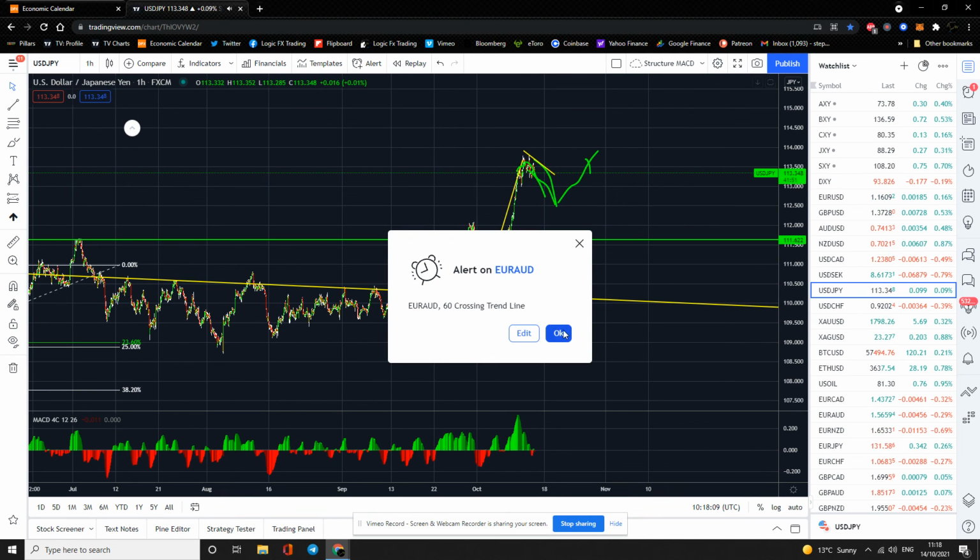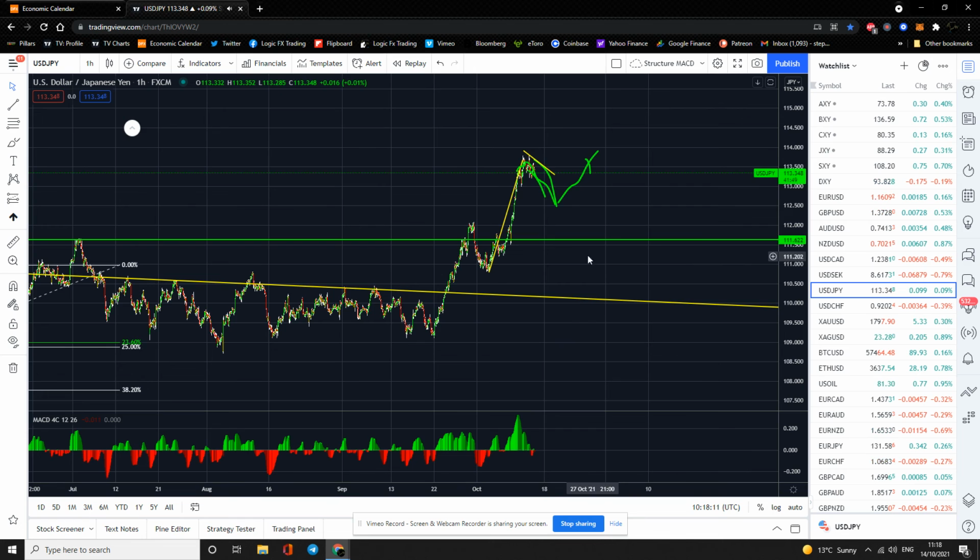Dollar yen. We've been looking for a pullback on that to maybe give us a setup for another leg up, guys. I'm a little bit concerned that that's the same length as that, because generally that's what you get whenever you get a zigzag. If it's going to be an impulsive move, although those two are impulsive, but I mean the structure overall, it's going to be an impulsive move.